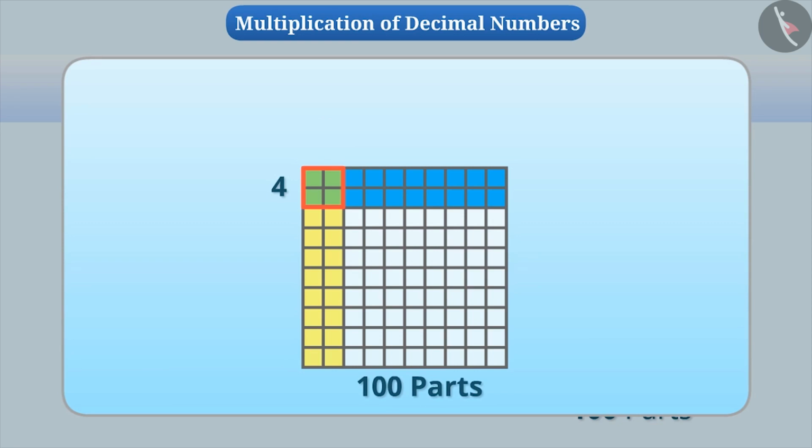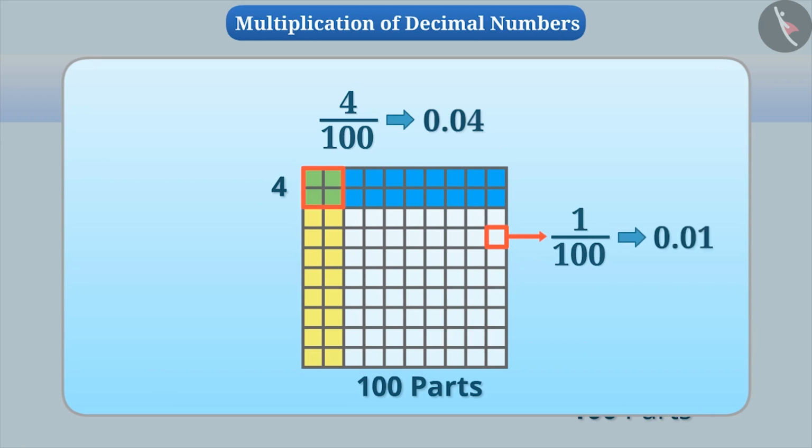This can be written in fraction form as 4 by 100 and in decimal form as 0.04. Because in the given figure, each small square is 1 by 100th part of the square, which is 0.01. Since 4 out of 100 parts are common, we can say that 4 by 100th part or 0.04 parts in total square is common.